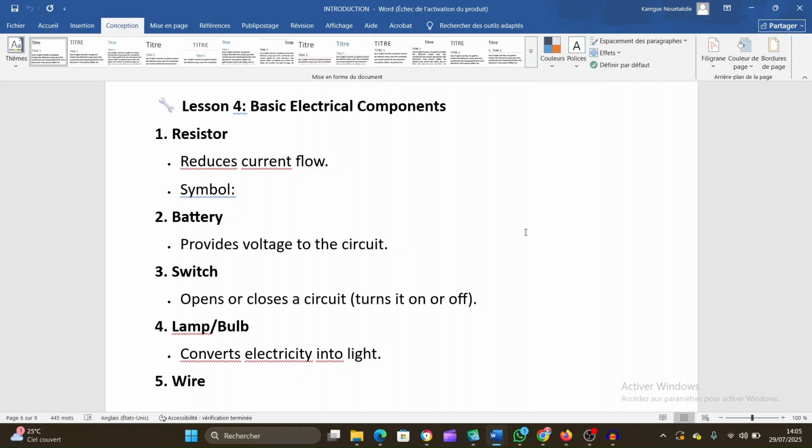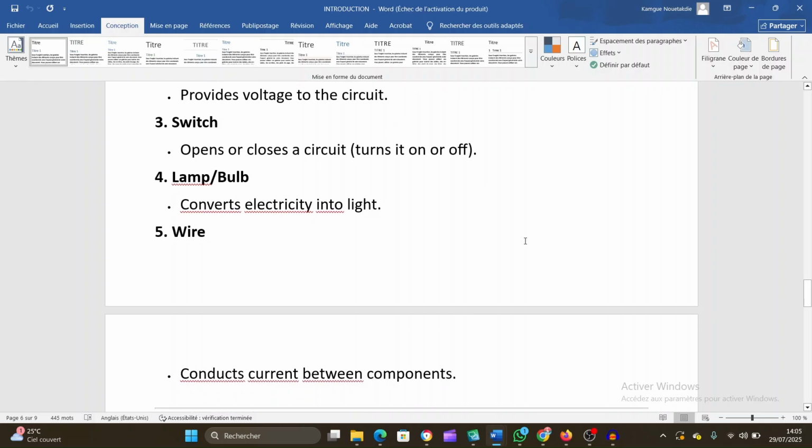So it's good to know the quantities. You remember the quantities we mentioned earlier. And here we are talking about components. We mentioned the resistor. You remember it reduces the flow. We mentioned the battery. You remember what we said the battery does?